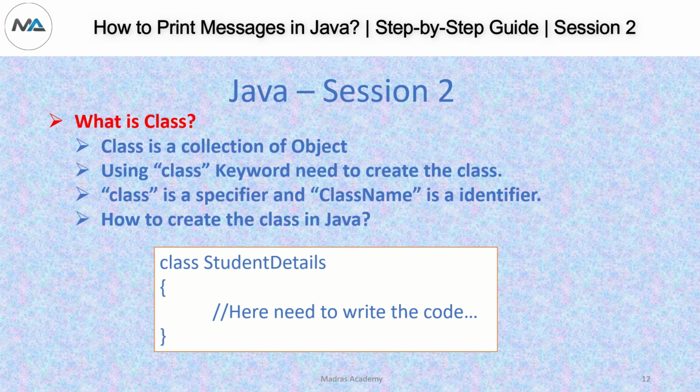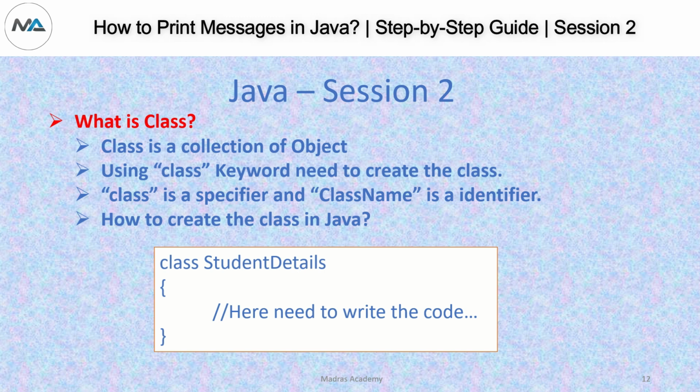In the same way, for the class name we start the first word with a capital letter, and the other words we can write in small letters. See, StudentDetail, like that I wrote. Detail is the second word, so D is a capital letter. Like this we need to create the format.